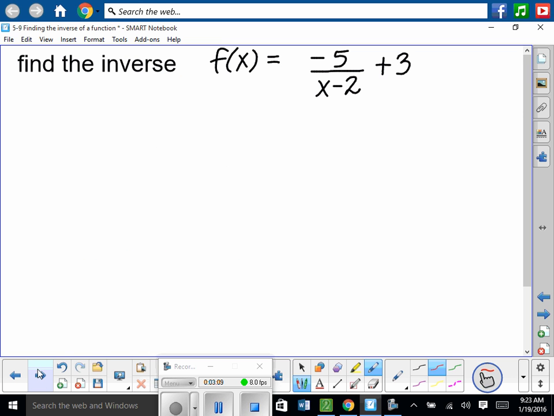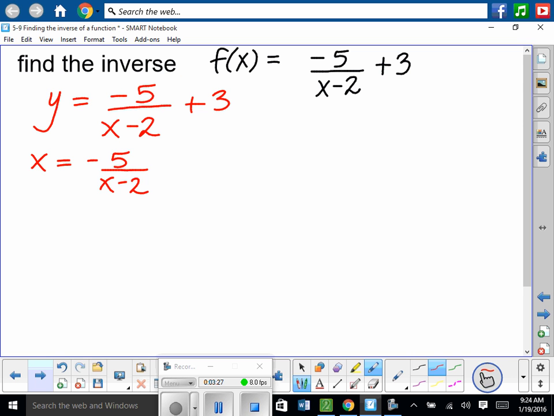Okay, so find the inverse of f of x is equal to negative 5 over x minus 2, plus 3. Our first step is to switch x and y. Well, f of x means y, so I'm going to first go y equals negative 5 over x minus 2 plus 3. First step, switch x and y. X is equal to negative 5 over y minus 2, we're switching x and y, plus 3.